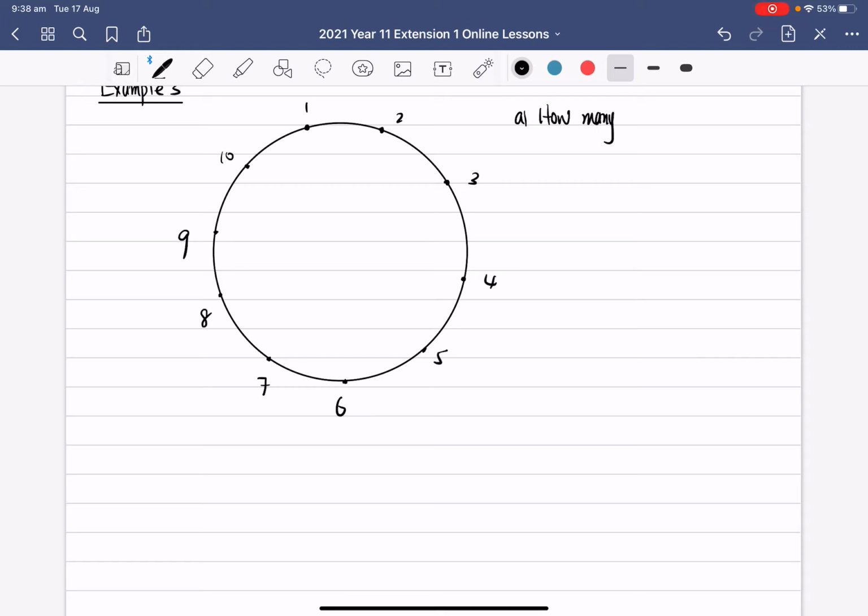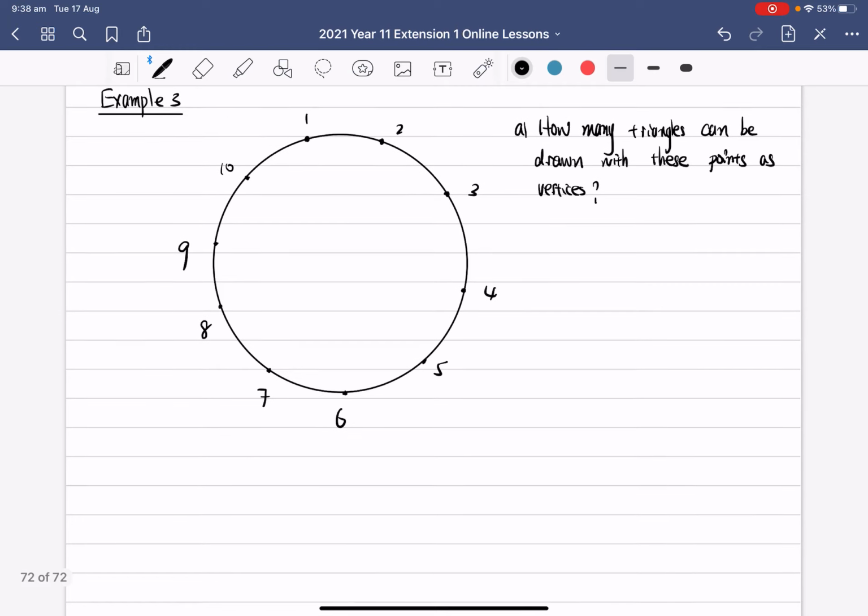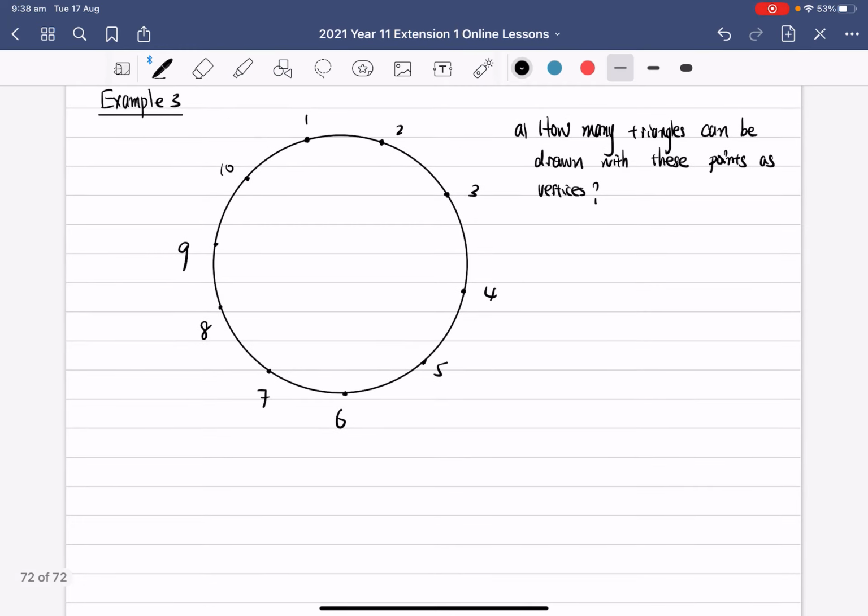While I'm writing the question down, think about it. How many triangles can be drawn with these points as vertices? The question is pretty simple.